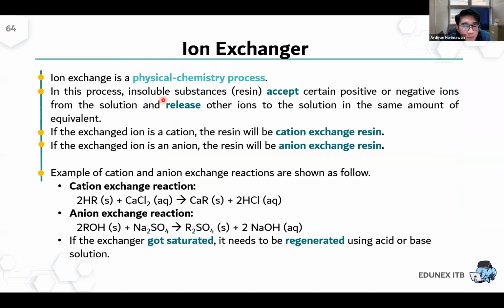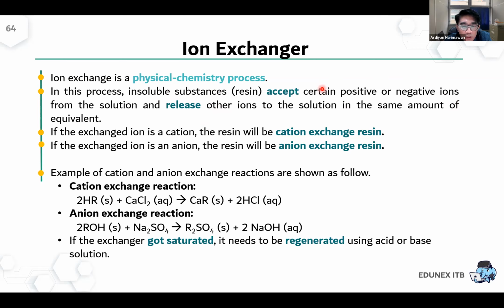So if you have water that has certain dissolved solids containing minerals, then if you want to remove those minerals, when the minerals are dissolved in the water, they will form the ionization condition.